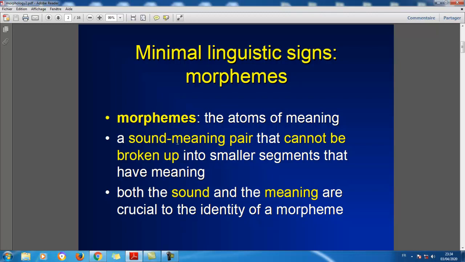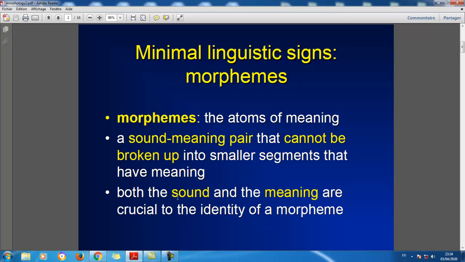So this is what is meant by a pair. There should be some kind of coexistence between the sound and meaning. So this sound meaning pair cannot be broken up into smaller segments that have meaning. This is what we have just said, because we consider the morpheme as the atom. It cannot be divided further.